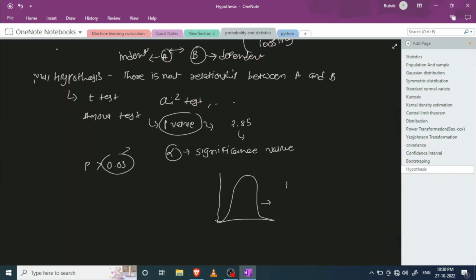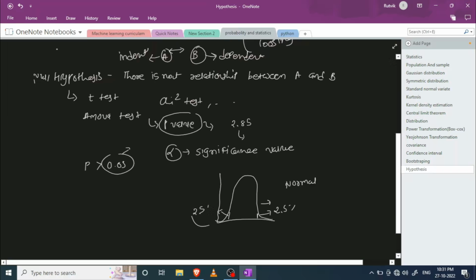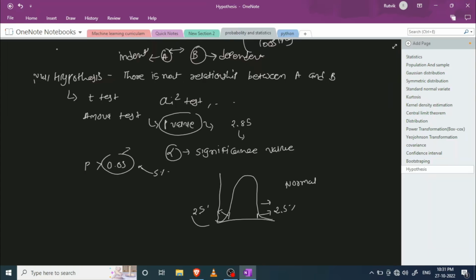This is the normal distribution, and we've discussed in the normal distribution that this part is considered 2.5%, and this other part is considered 2.5%, so the total is 5%.